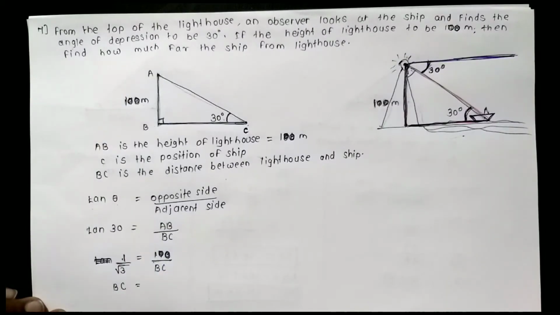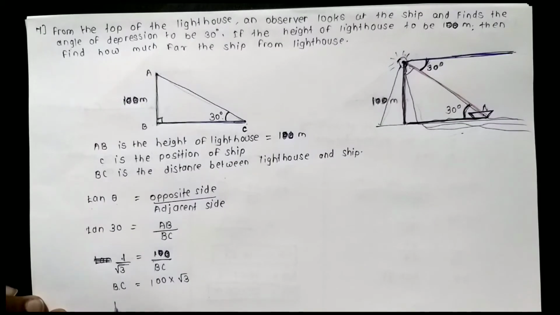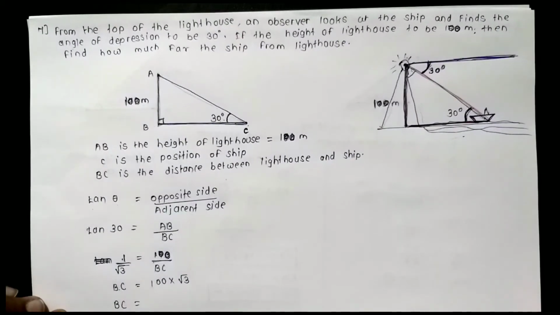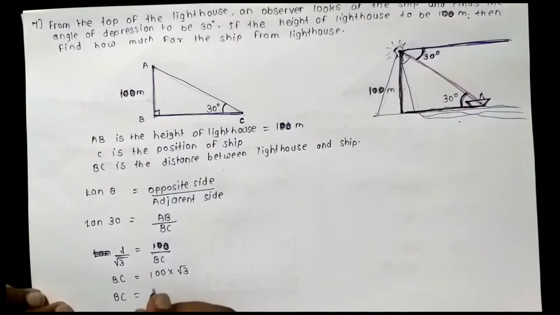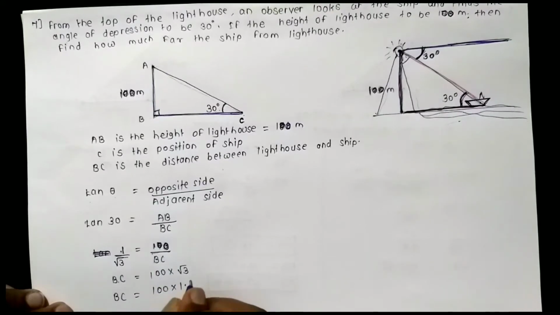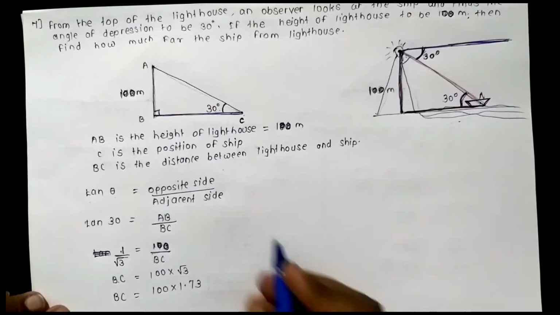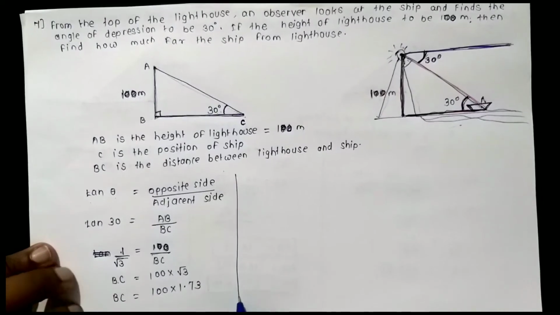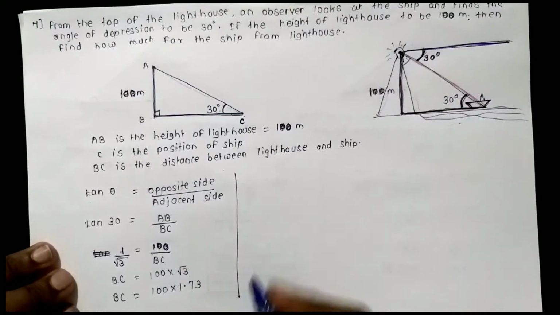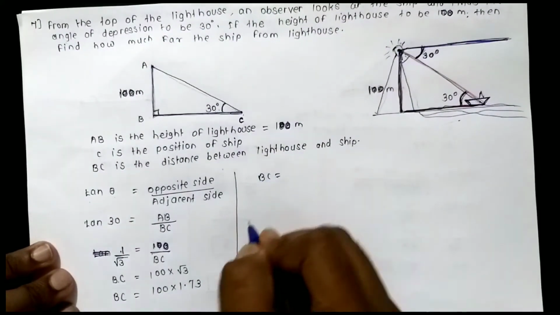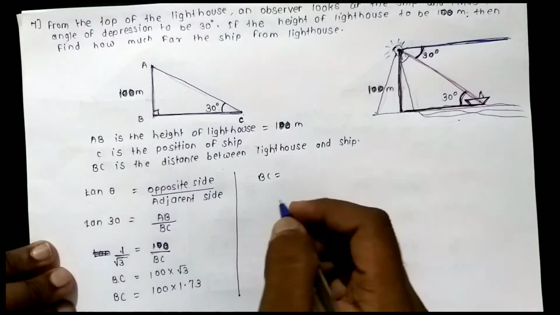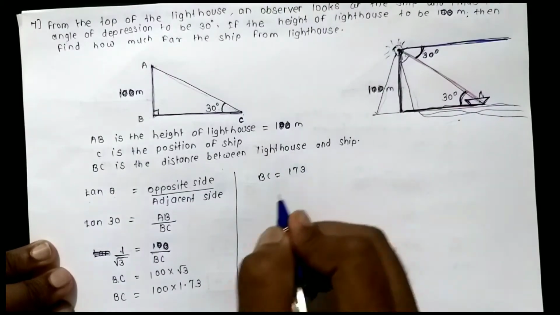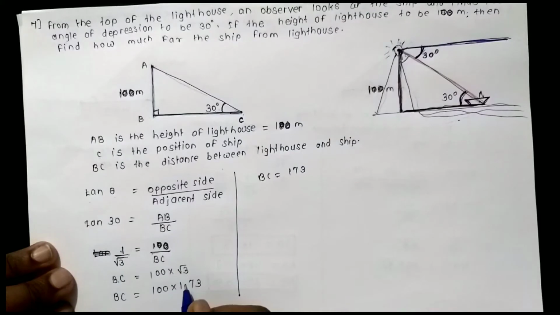Now cross multiply this. BC times 1 is BC, 100 multiplied by root 3. BC is equal to 100 multiplied by 1.73, the value of root 3 is 1.73. Now by multiplying, I do not consider the points.